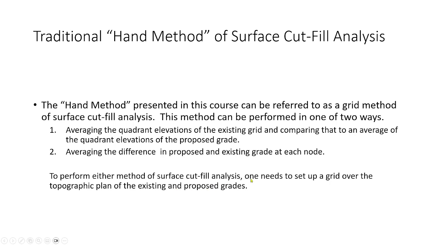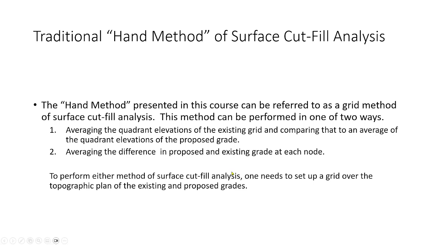So what it means by scale to meet the needs of the grading plan is, the closer your grid is, or the tighter your grid is, the more accurate your takeoff is going to be, the more accurate your differences in these elevations of existing and proposed grade at these corners of the grid. We'll be working with one for sure, and maybe all of them, that may be a 100 or a 200 grid.